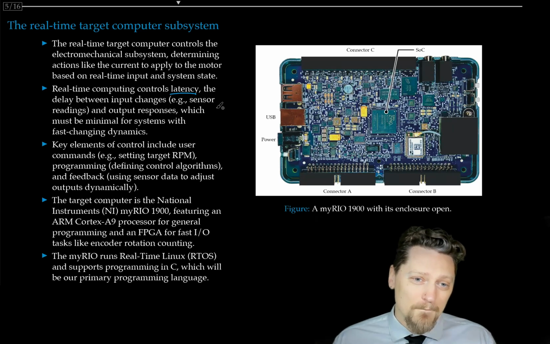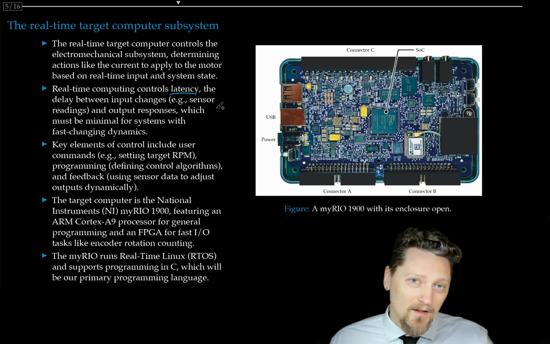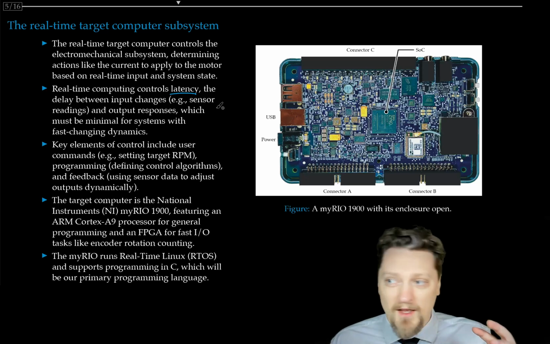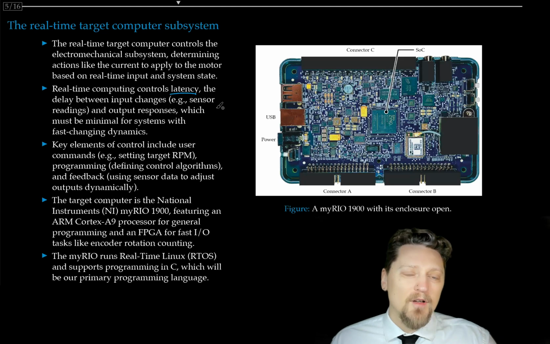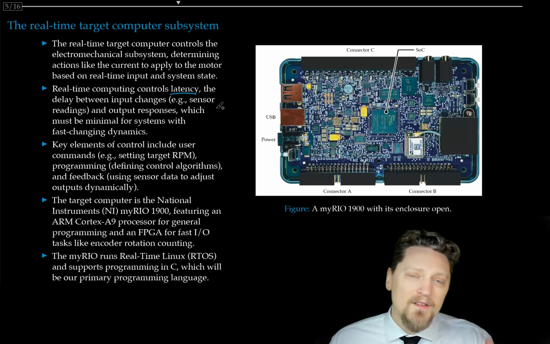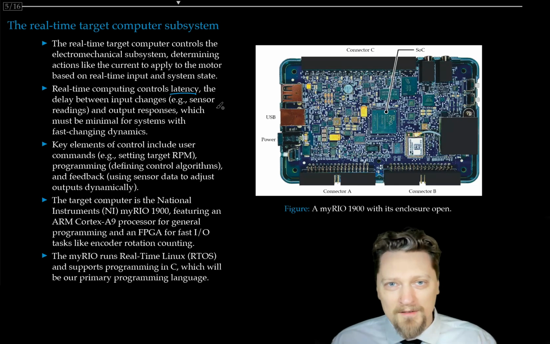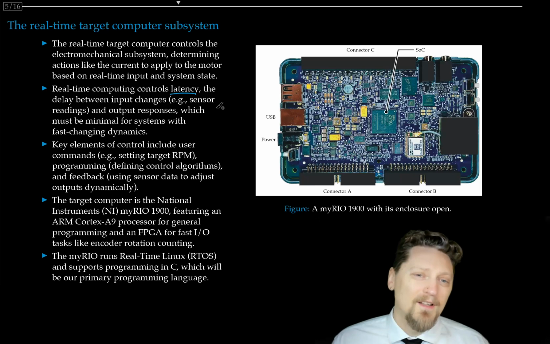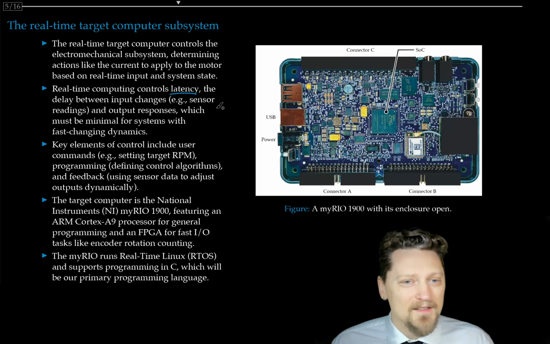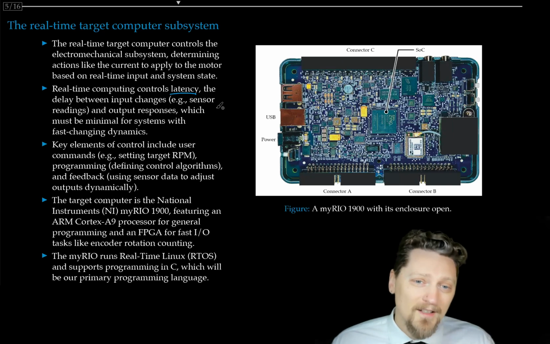So once we have an update on our measurement, say the angular position of that flywheel, we're going to want to immediately take action. So the time that elapses from when we take that measurement to when that action is taken is latency. And so we want to control it. We usually want to minimize it.